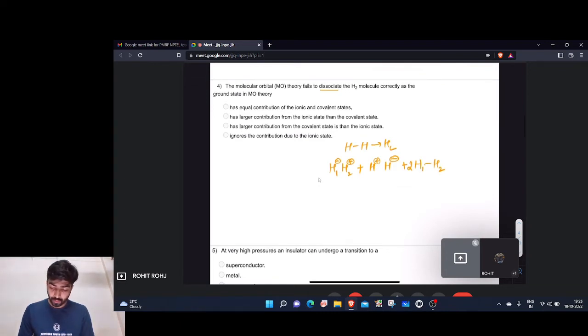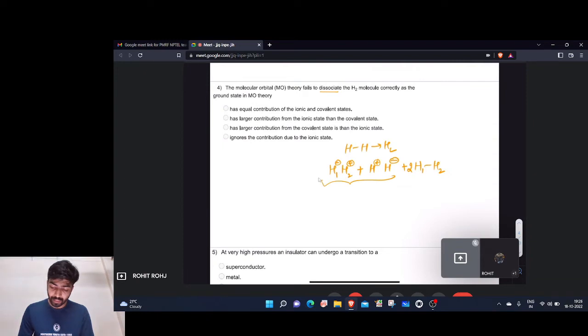Now, as we just saw earlier, these ionic states still maintain their identity even at large distances. So these two states out of the four total states contribute to this linear combination, and therefore it is because of the equal contribution of the ionic as well as covalent states to the correct resonance picture that MO theory fails to describe the hydrogen molecule.